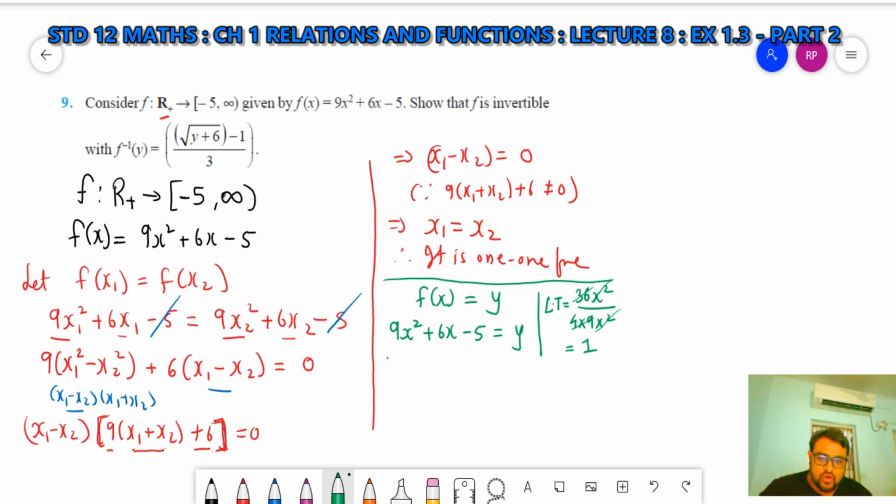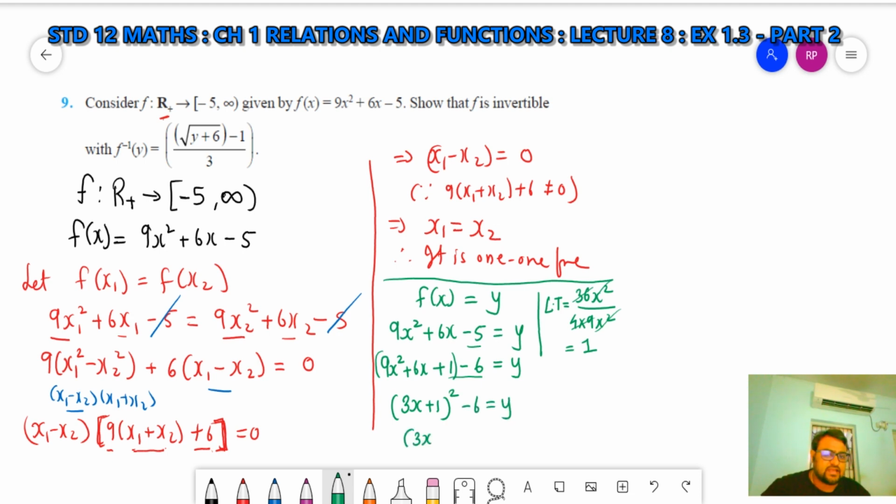So now what I will do, I will write it down. 9x square plus 6x, it's minus 5, so I can write it down plus 1 minus 6, that is equal to y, because 1 minus 6 will be equal to minus 5. Now this is a perfect square. That will be equal to 3x plus 1 whole square minus 6 equal to y.